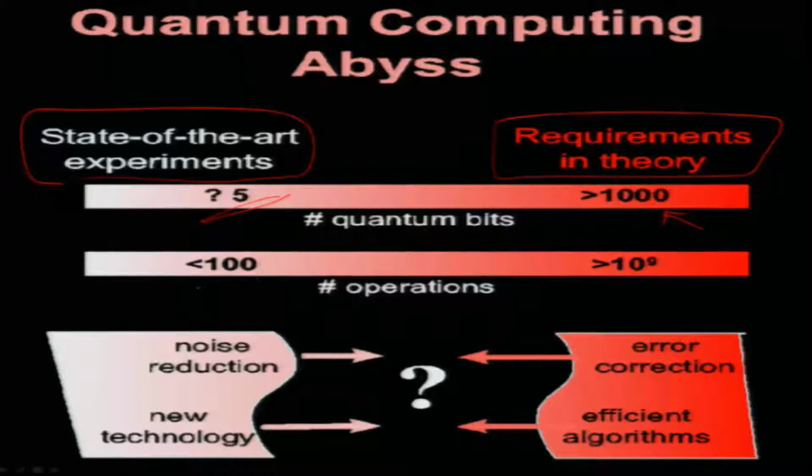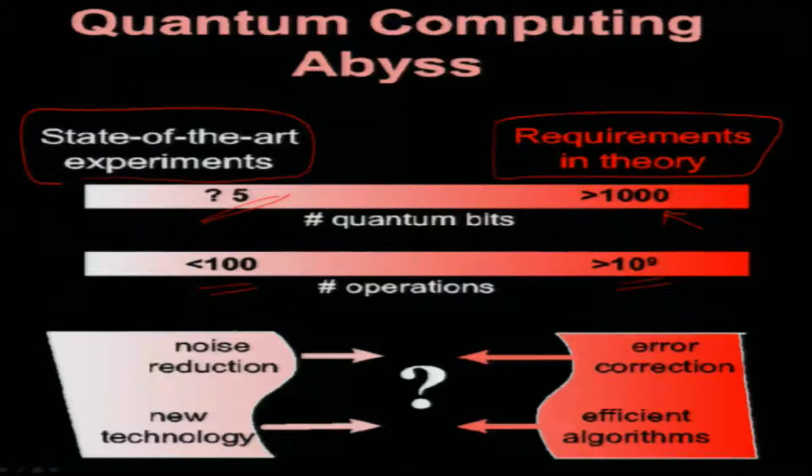Similarly, in terms of operations, we are roughly in the region of about 100, whereas for a large problem you would like to have billions of operations. So that is where we stand.